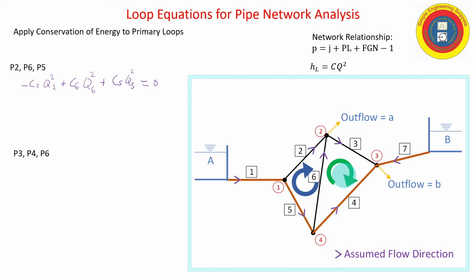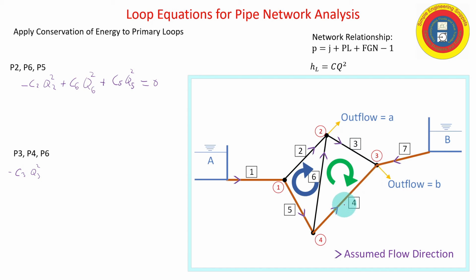Again, it's 0 because I started at junction 1, went all the way around the loop, and returned to junction 1. Now let's do a similar thing for the second primary loop consisting of pipes 3, 4, and 6. So let's say I'm starting at junction number 2. So I have the head loss C3 times Q3 squared because I'm going in the assumed flow direction. So that's a loss.